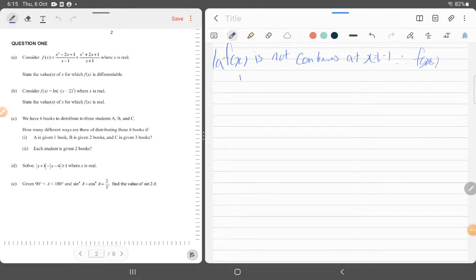But anywhere else will be a nice curve, so anywhere else apart from x equals 1 and -1 will be differentiable.